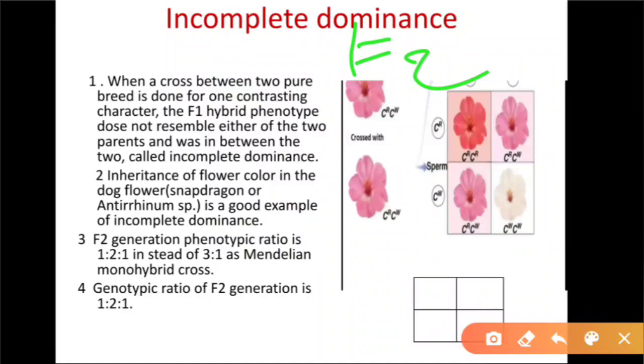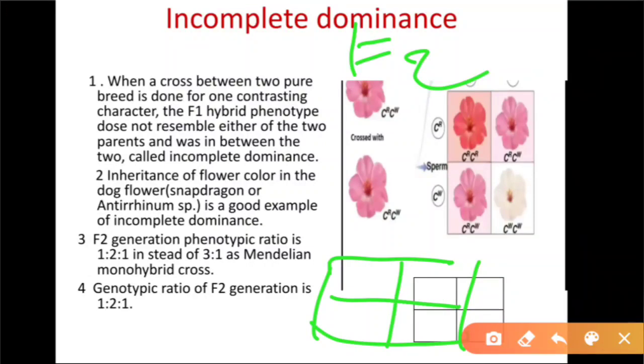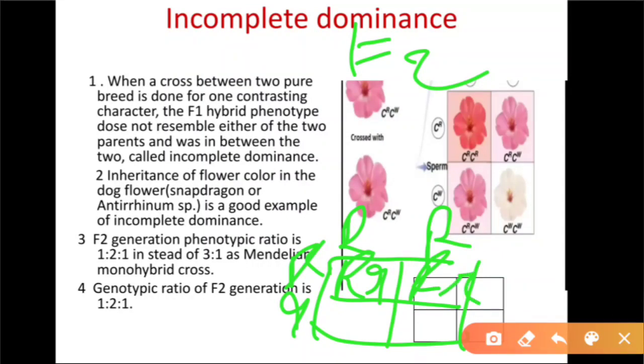I take a Punnett square with a red color, that is RR, and a white color, that is small r small r. So in the F1 generation, we get capital R small r in every cell.